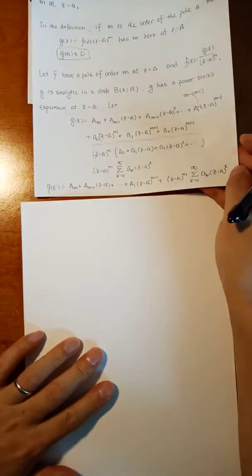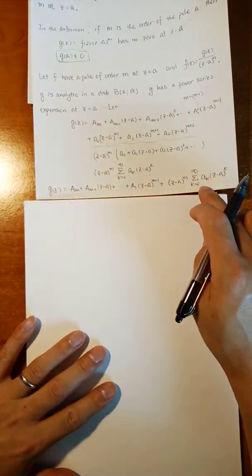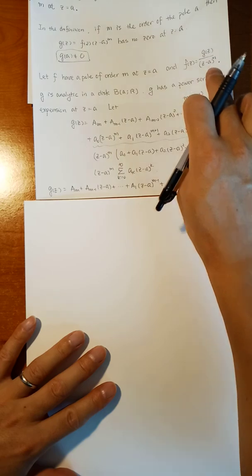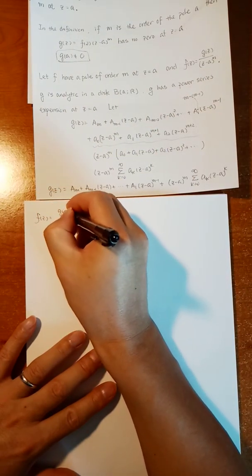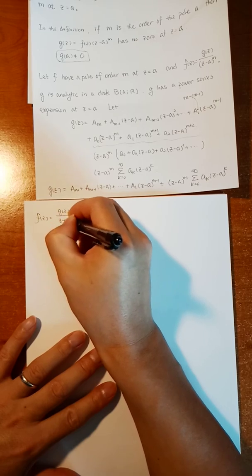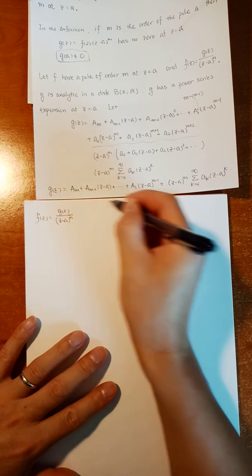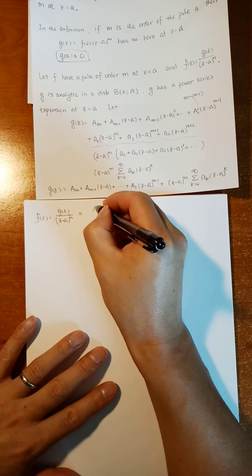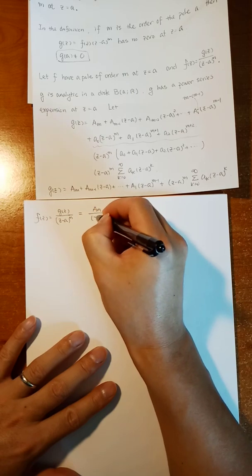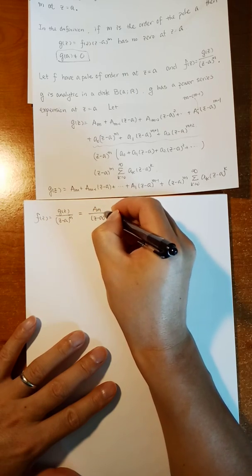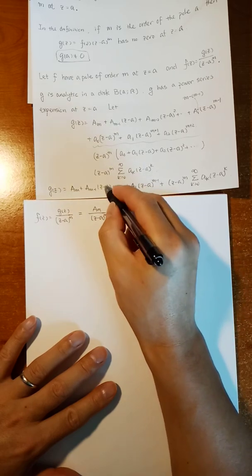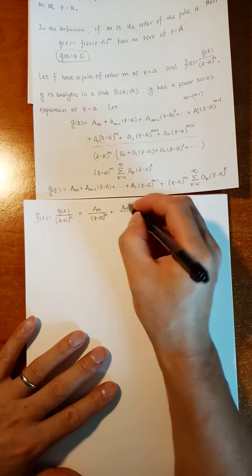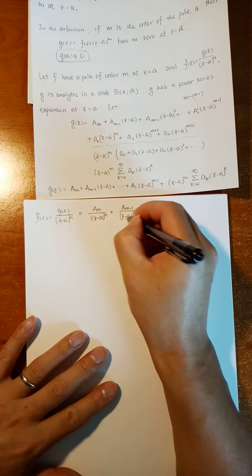Okay, and then we're going to divide term by term by z minus a to the mth power. So we get f of z equal to g of z over z minus a to the mth power. Then what do we have? We will have capital Am over z minus a to the m, capital A m minus 1 over z minus a to the m minus 1.